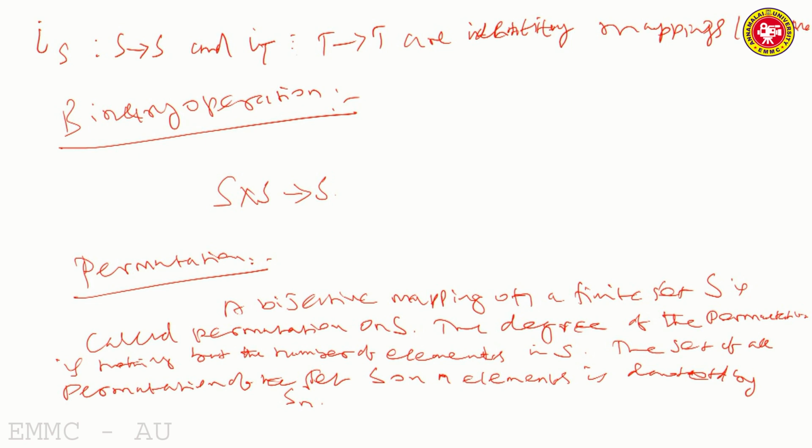It may be seen that the number of members in the set Sn is n factorial.